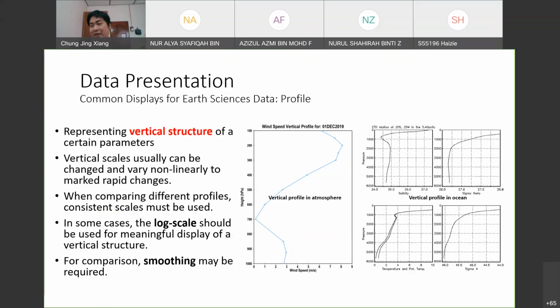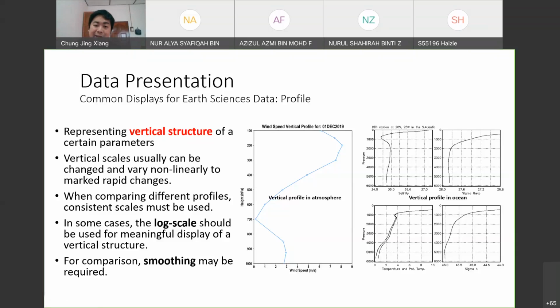So when you say profile, it's like about this temperature, and the temperature has vertical levels. When we say profile, I mean a vertical structure of a certain parameter, and this parameter can usually change and vary non-linearly.